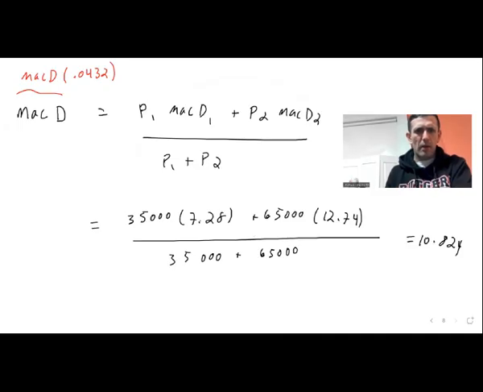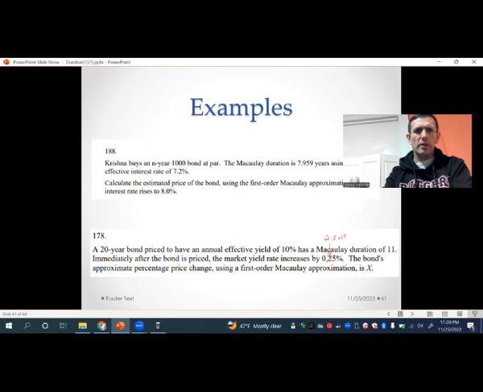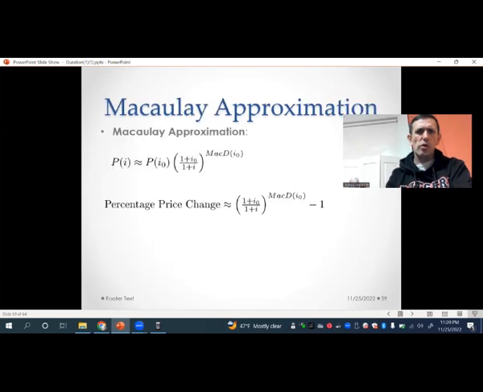All right, let me go back real quick. We're going to use this approximation here. We're given what the approximate new price is: 105,000.